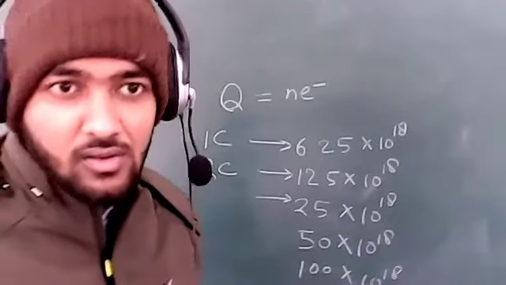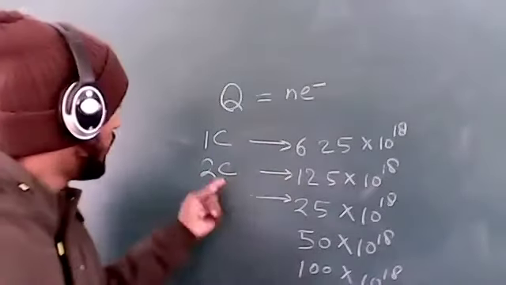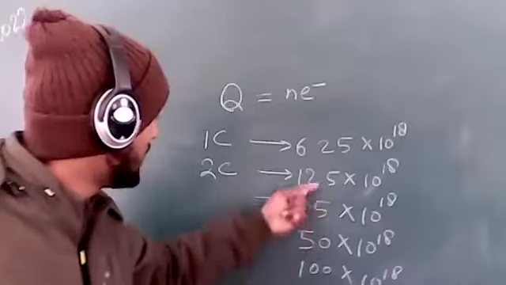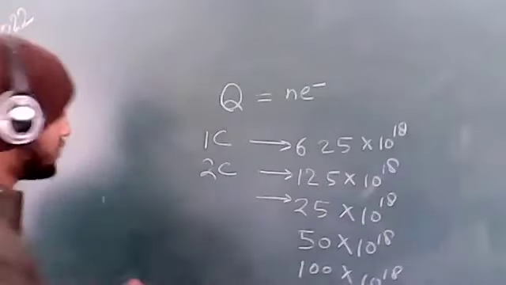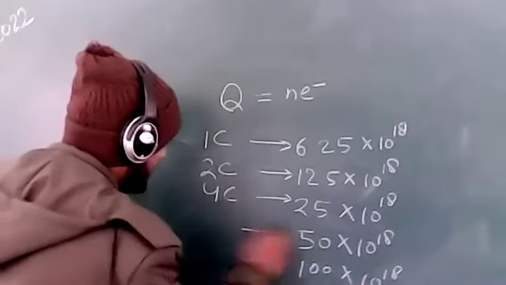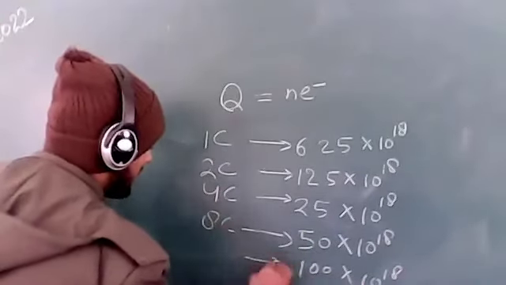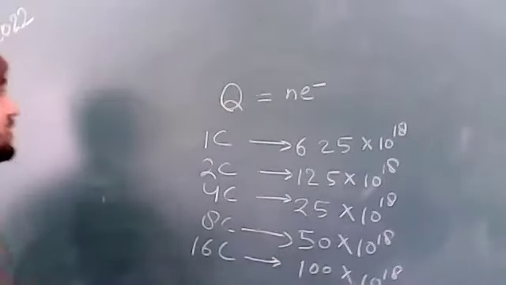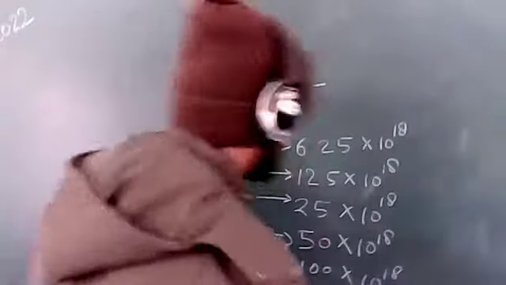Sir, 4 Coulomb. 4 Coulomb, okay, that's the correct answer. See, for 2 Coulomb we had 12.5, and we doubled 12.5 into 2 to get 25. So here also double, 2 Coulomb will become 4 Coulomb. Now here again double, 25 doubled means 4 becomes 8 Coulomb. Here 16 Coulomb. So we can see that as the number of electrons increases, charge will increase.